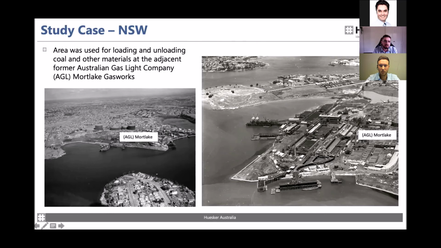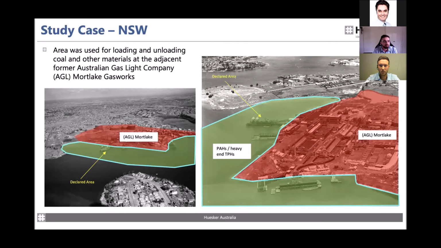And we can see here where the barges would arrive and receive coal, and obviously not just the barges and the movement of material to the facility, but also there are contaminants that were released in the water by the same company, because of the production and treatment of the coal.